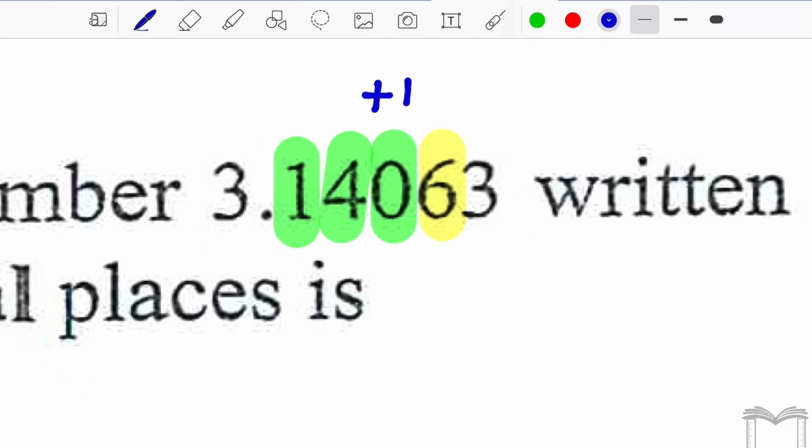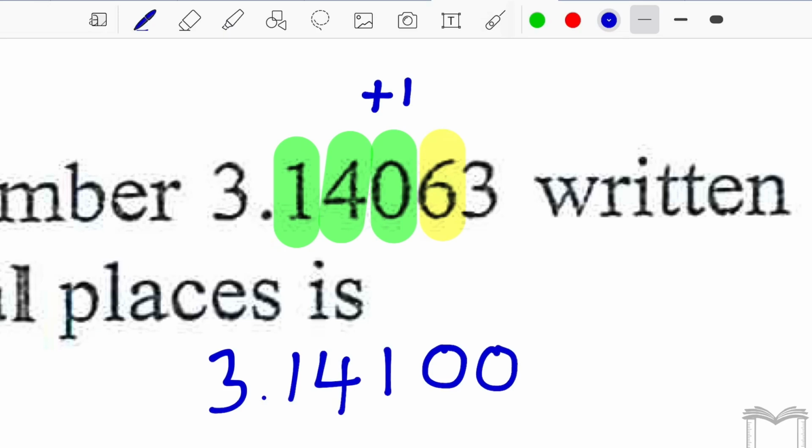So we are putting back all the other numbers, which is a 3, put back the point, put back the 1, the 4. 0 plus 1 is 1, and we replace all the other numbers to the right of that 3rd number with zeros.